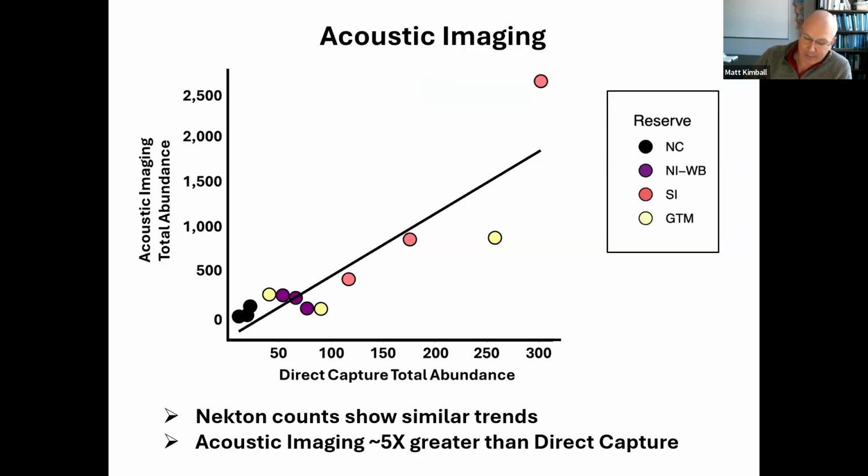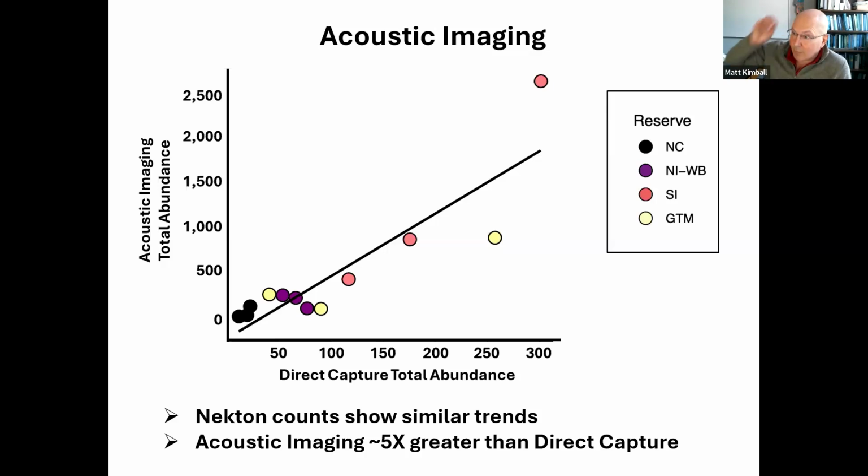And when we did extract the data from these recordings, it was pretty cool to match up the direct capture counts of total abundance with the acoustic imaging total abundance counts. This is a one-to-one comparison for the 12 reefs, and you can see it's a pretty similar trend.